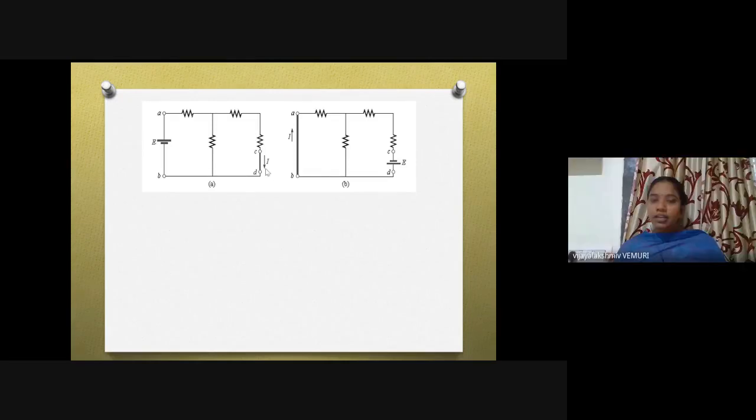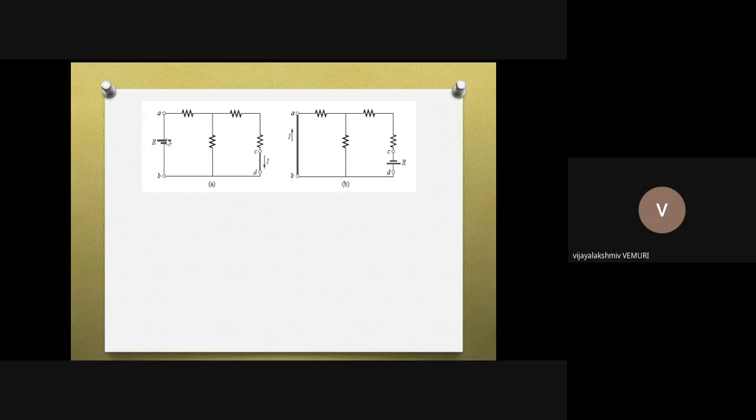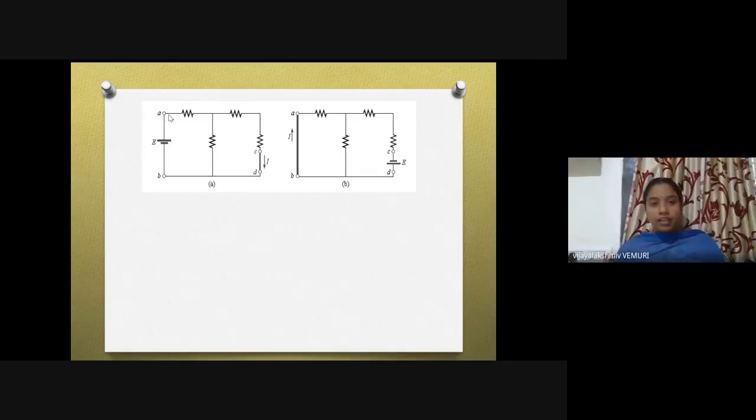Due to this voltage source, the current has come here, divided at this node. Some current has flown here, another current has flown here.